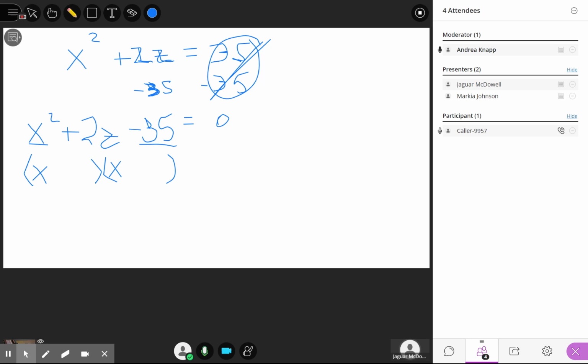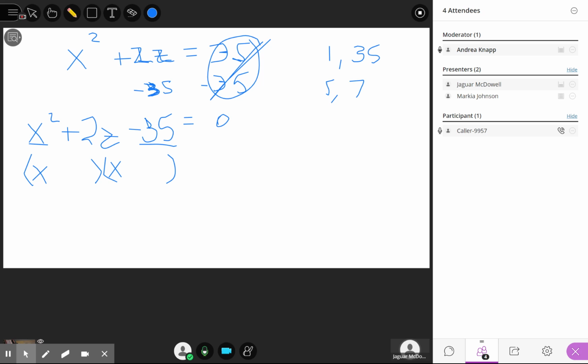Well, let's just go out to the side and think what multiplies to 35. There's 1 and 35. 1 times 35 is 35. 2 doesn't work, 3 doesn't work, 4 doesn't work, but 5 does. 5 times 7 is 35. 6 doesn't work. 7 times 5 is 35, and we've crossed over now, so we can stop looking.